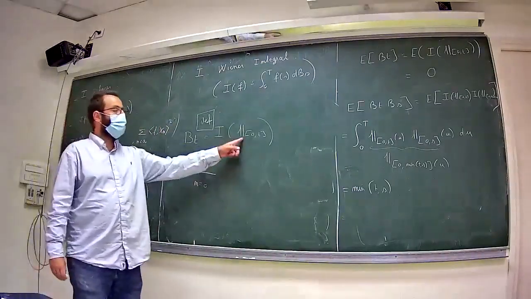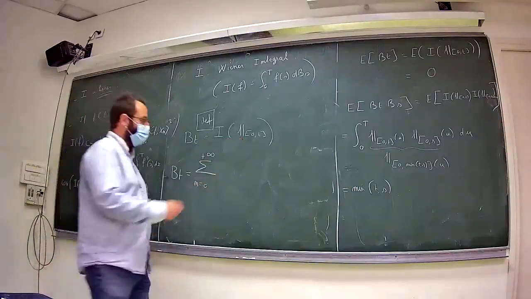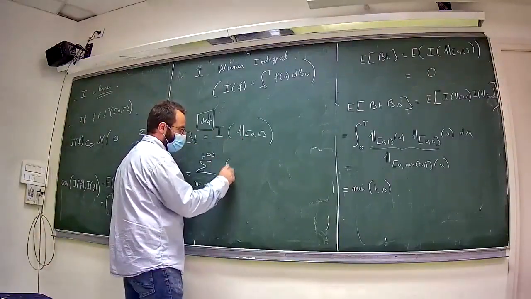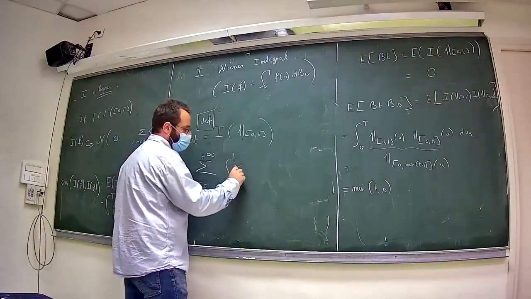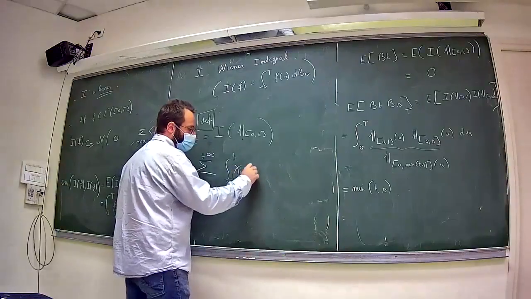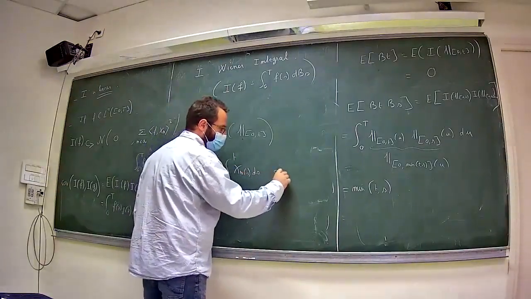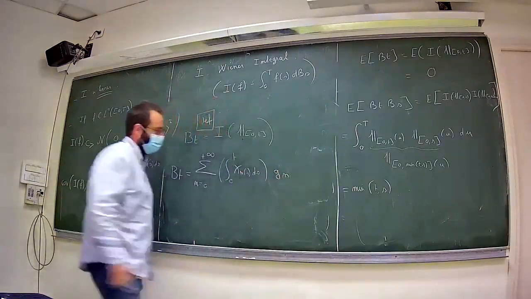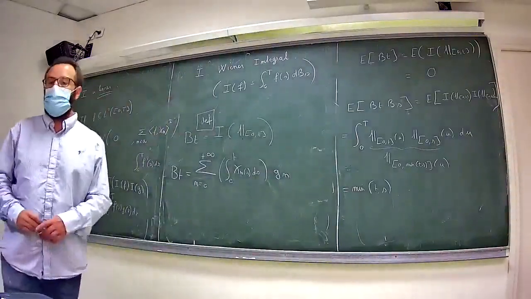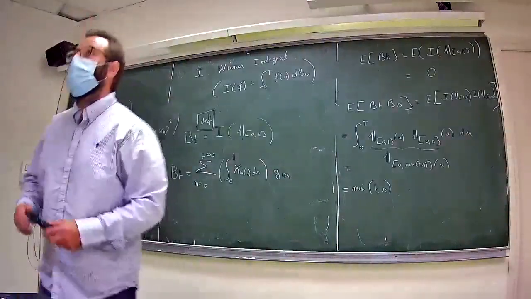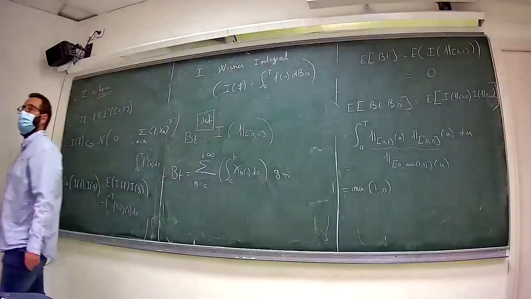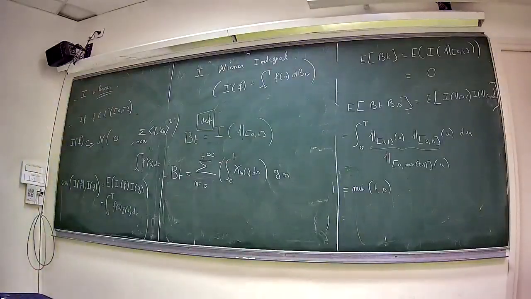The scalar product between this one and the element of my basis, that is just the integral between 0 and t of Tn(s) ds, times gn. And if I give you a particular orthonormal basis of L2 of 0 capital T, you have a kind of closed form formula in order to define the Brownian motion through an infinite sum.